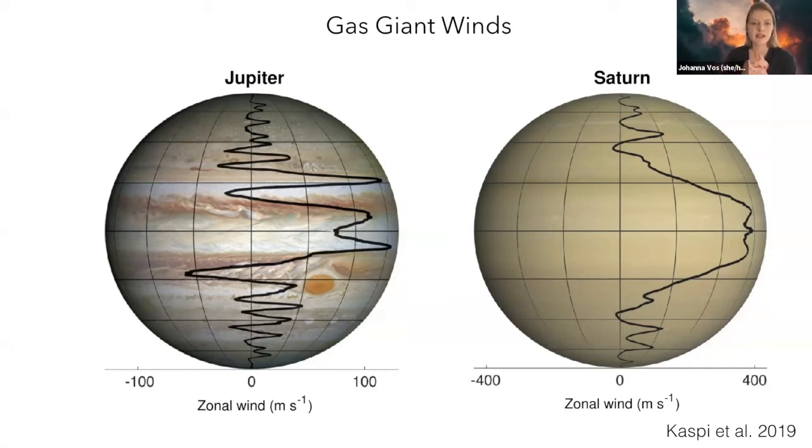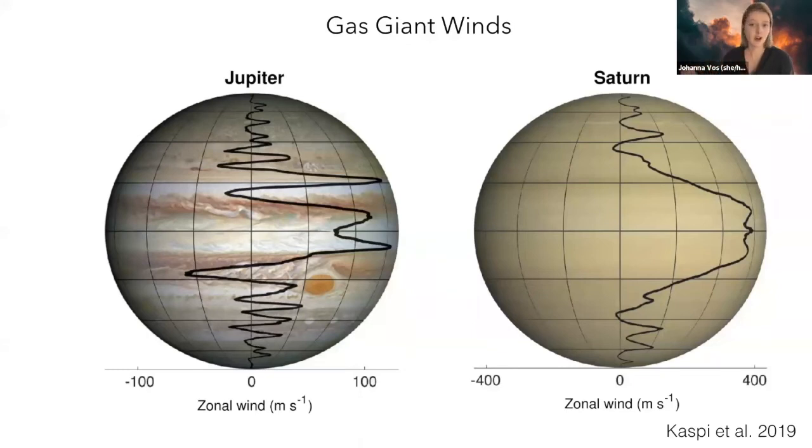We can trace atmospheric features rotating in and out of view and measure the zonal wind speed. So here I'm showing you the zonal wind profile of both Jupiter and Saturn. So how fast is the wind speed at different latitudes? And if we focus on the equatorial area, you'll see that the equatorial band is rotating with a positive velocity with a mean speed of about 100 meters per second for Jupiter and 400 meters per second for Saturn.